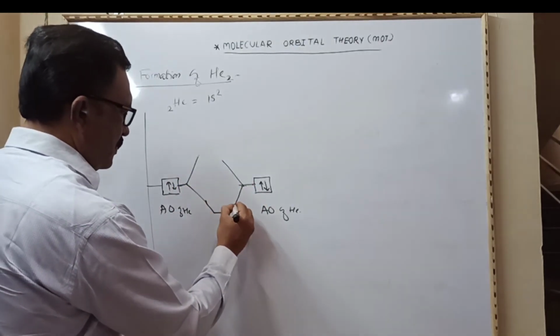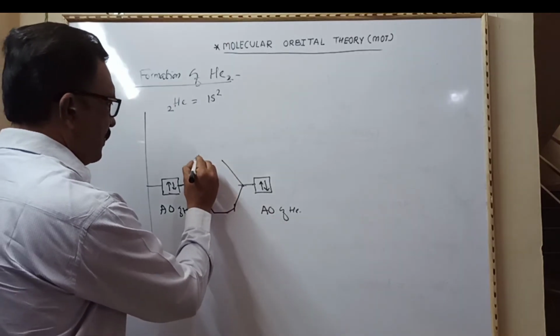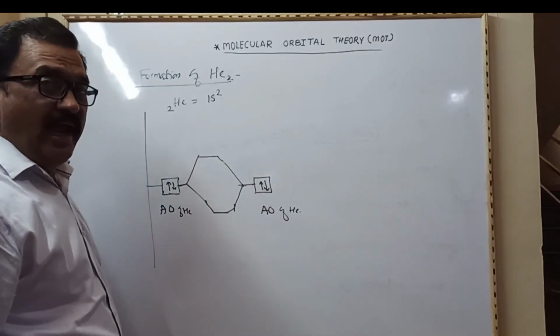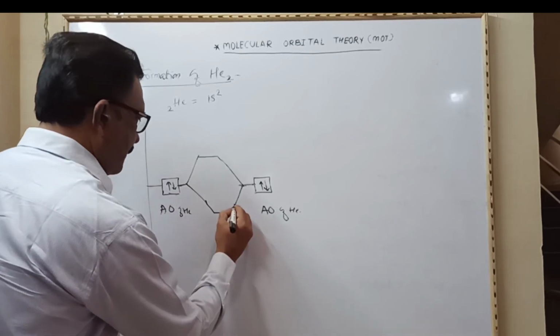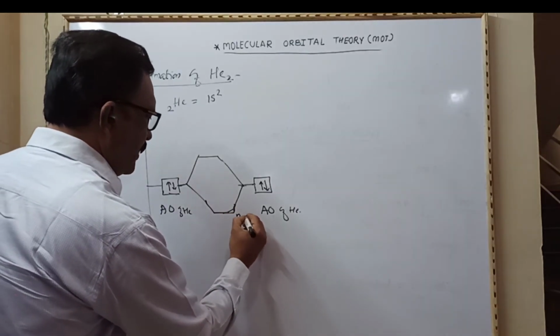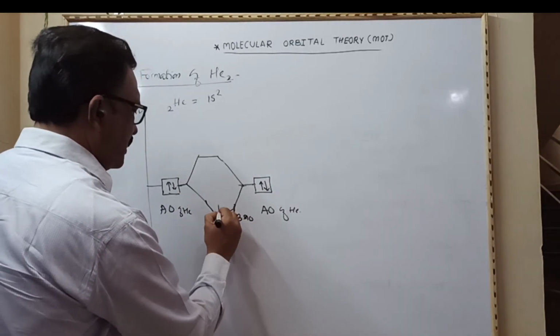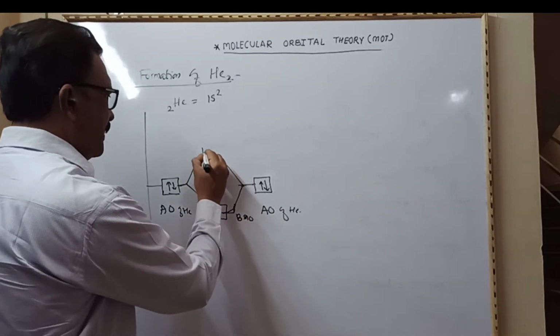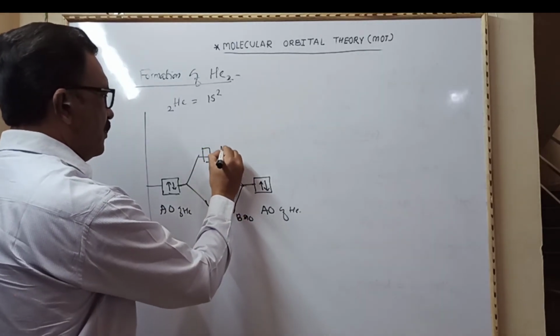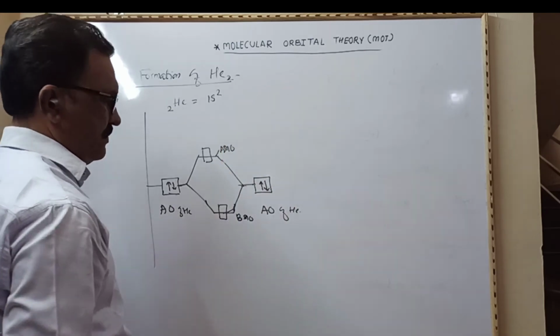One is a bonding molecular orbital and the other is an anti-bonding molecular orbital. The bonding molecular orbital has lower energy than the anti-bonding molecular orbital.